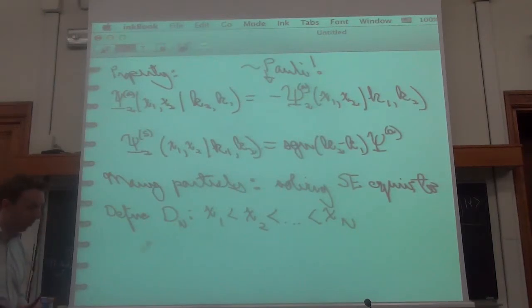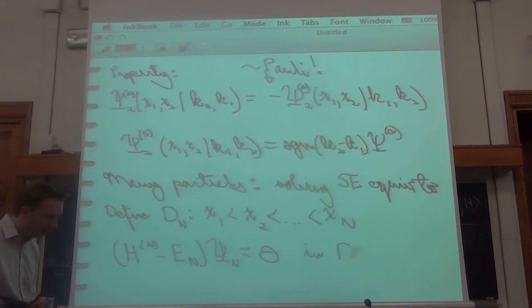Okay, so essentially what you have is two equations to solve. You want to solve the n particle Schrödinger equation in Dn.